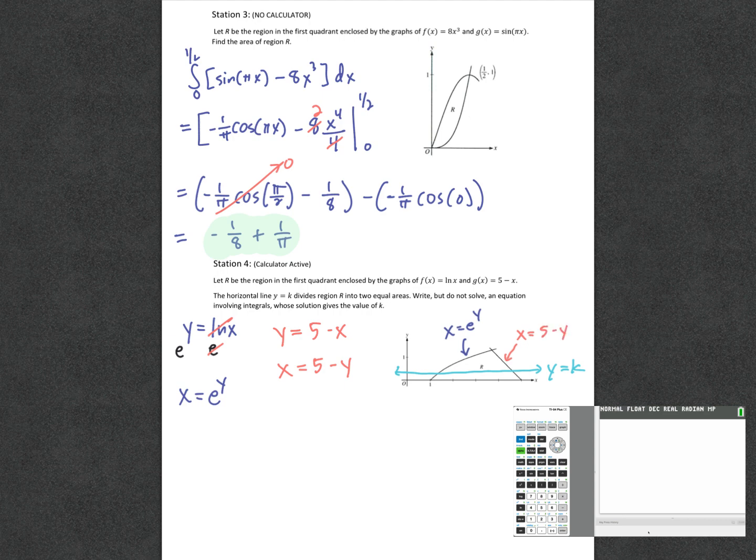Now if we're going to find this area here, since everything's going to be in terms of y, I'll set up the integral for the top. So let's say this is going to be the top right now. This will be some integral. Figure out the limits. We know the right one is 5 minus y, and the left one is e to the y.